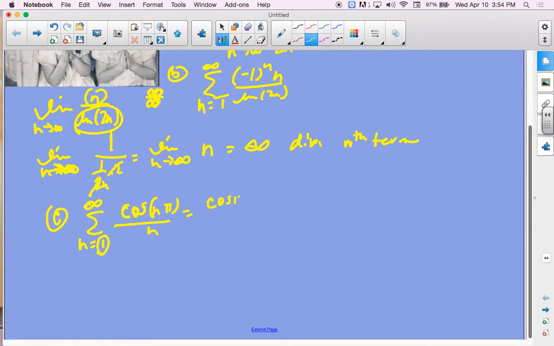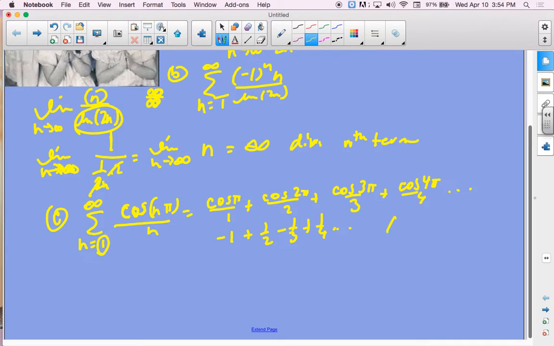I get cosine of pi over 1, then cosine of 2 pi over 2, cosine of 3 pi over 3, cosine of 4 pi over 4 is my pattern. So cosine of pi is -1 over 1, cosine of 2 pi is +1 over 2, this is -1 over 3, and this is +1 over 4.